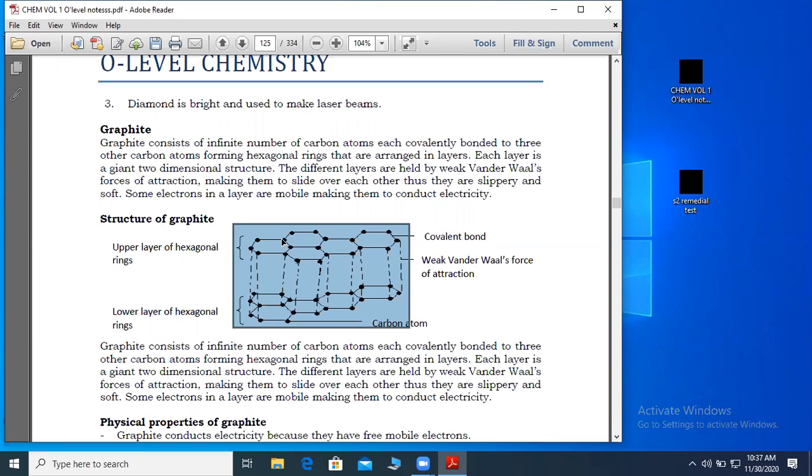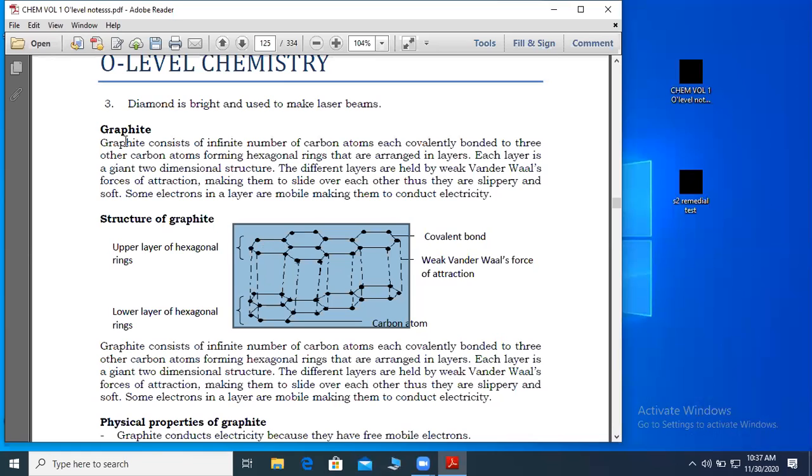Because in the structure of graphite, each carbon atom is bonded to 3 carbon atoms, which means it uses only 3 electrons since a covalent bond is formed by sharing electrons. Therefore, 1 electron is left free, and it is that electron that will conduct what?